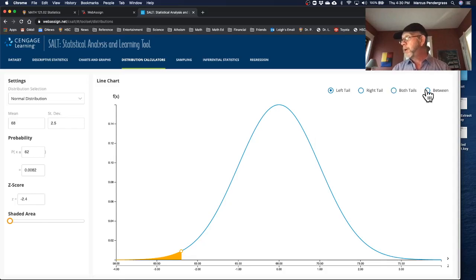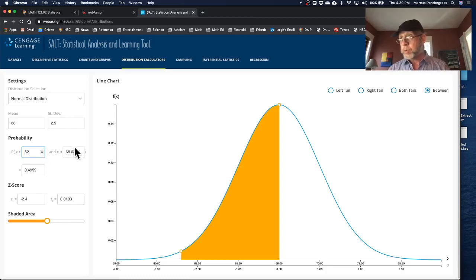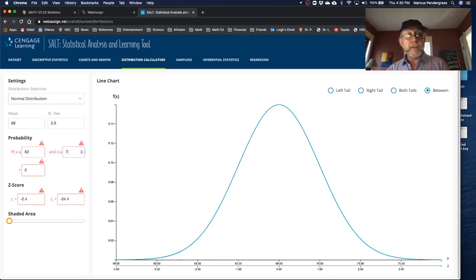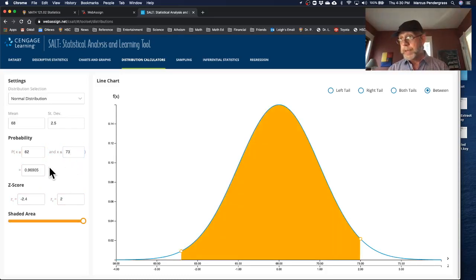So now go over here and select the between button, and we want between 62 and 73 inches, and we see the area shaded here, and we see the proportion as 0.96905. So almost 97%, 96.905% of individuals are between 62 and 73 inches tall.